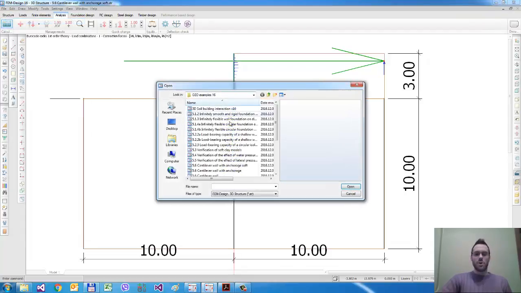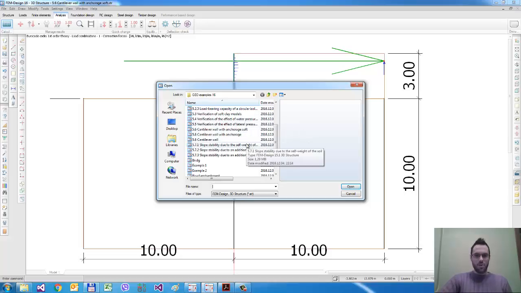So I would like to show you with this example that with an anchorage at the top of the wall, the thickness of the wall has much more effect on the final bending moment distribution in the wall. But if we don't have this anchorage at the top of the wall, we have almost the same bending moment if I increase or reduce the thickness of the wall.